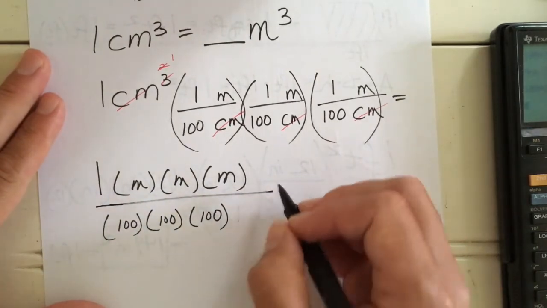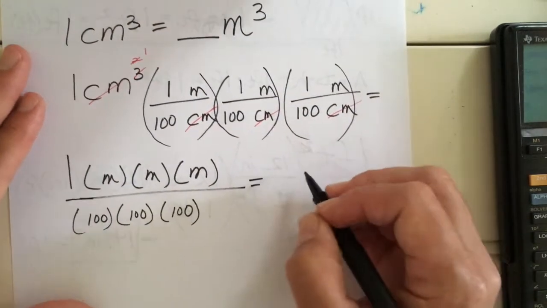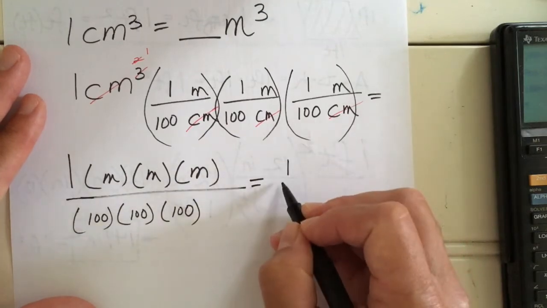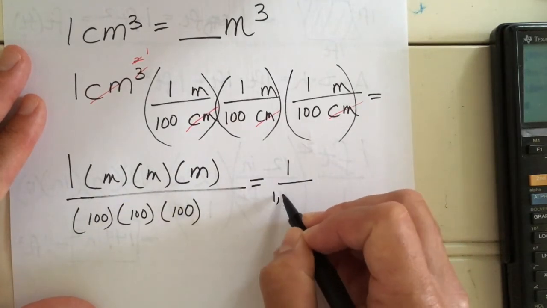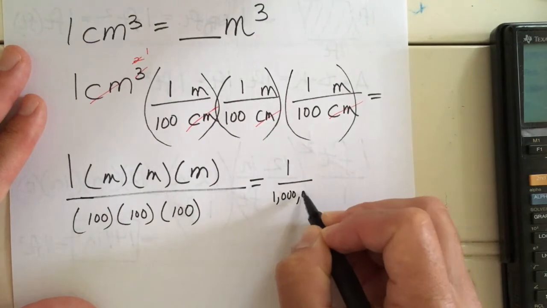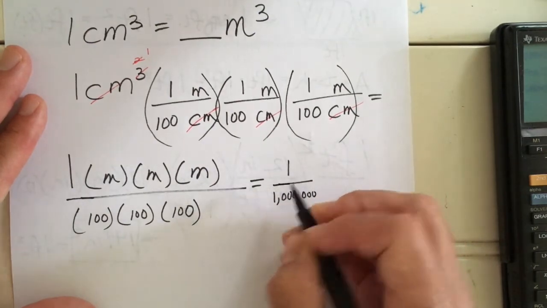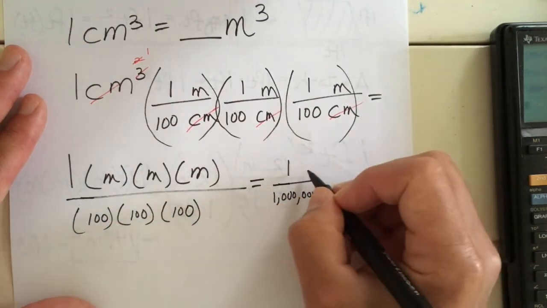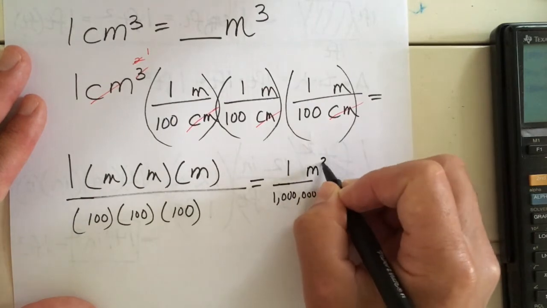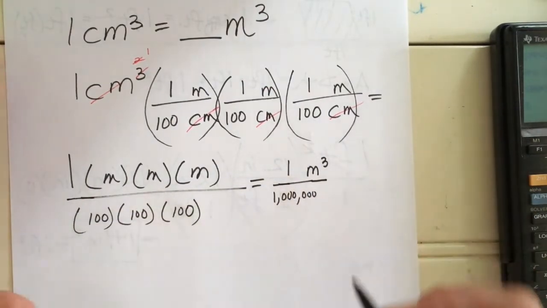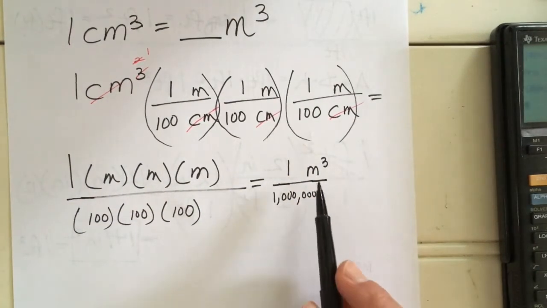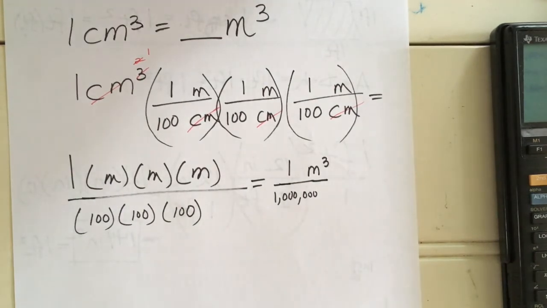I could write that a couple ways. The most obvious one would be 1 over 1,000,000, and my units, meters cubed, go on top.